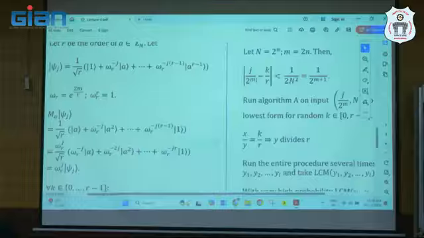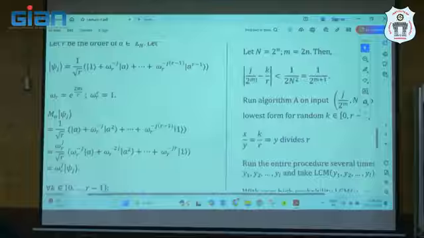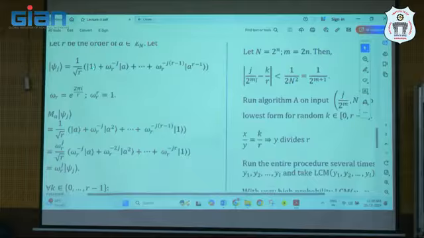This state we are defining as psi j, and the definition is clear. Simply start with 1 and keep multiplying by a, and the exponent also: omega r to the minus j times the exponent of a.